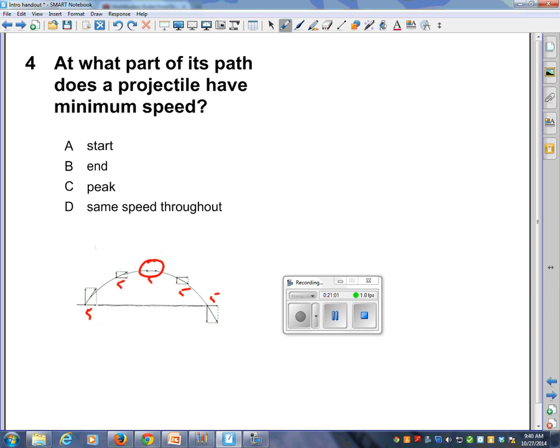And if the vertical here is, say, well, let's make it 3, then the overall is going to be 5. But here, the vertical is 0, so what's the overall? Only 4. Anytime there's a vertical, the speed is going to be greater than 4. But as soon as there's no vertical, then the overall speed is only 4.